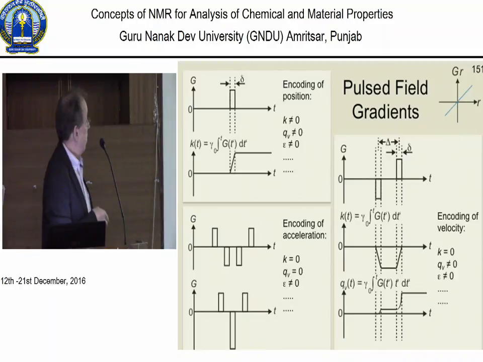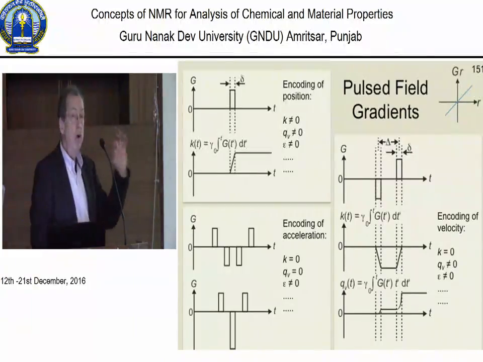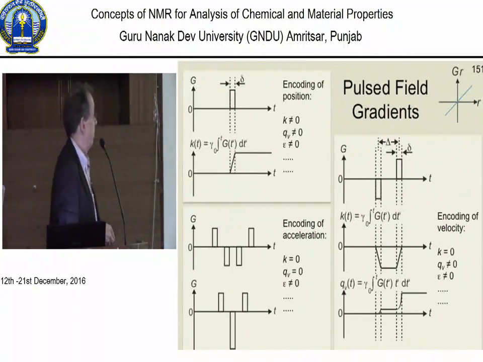And that function now we have to calculate from that the total wave number for position, and you find out if you calculate the total integral across these gradient pulses, then that integral is g of t prime dt prime. That is, the total integral goes negative and then it goes to 0. So there's no position encoding. You only learn about the distance it has traveled.